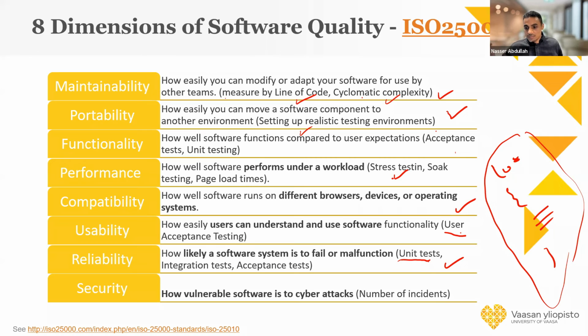The system should, for example, produce the sum of two numbers. This is not that difficult. Maybe this is what we can do in the unit testing. You have two numbers, so the system should print out the sum of these numbers. So it's not that difficult. But when you talk about usability, it's quite difficult to measure because it's subjective, it's not objective.